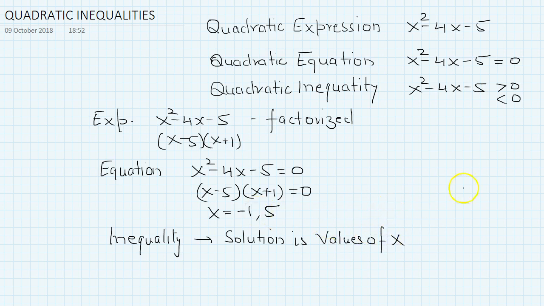It will be having so many values. For example, if I draw the graph, this is minus 1 and this is 5. So these are the two values of an equation. But if it is an inequality, it's written in this form.